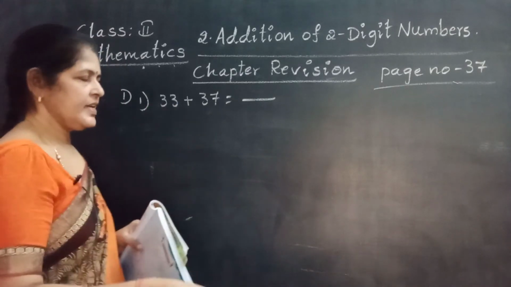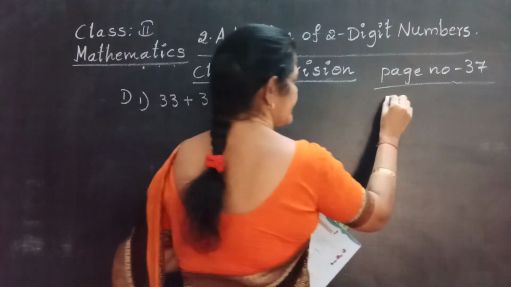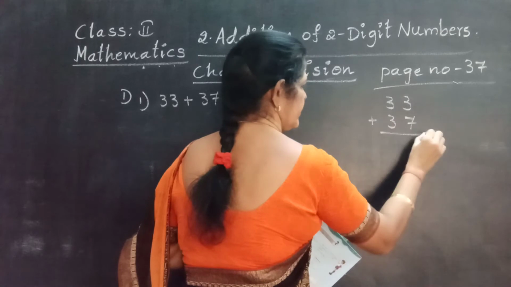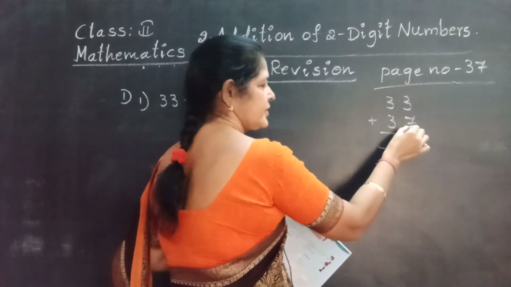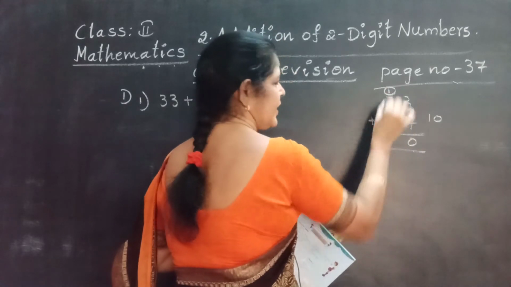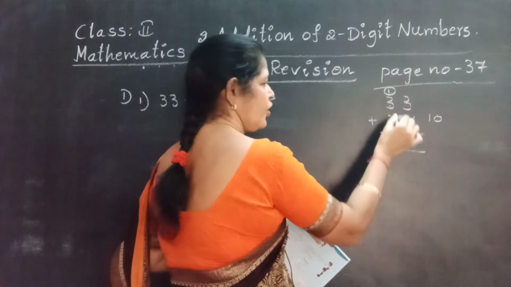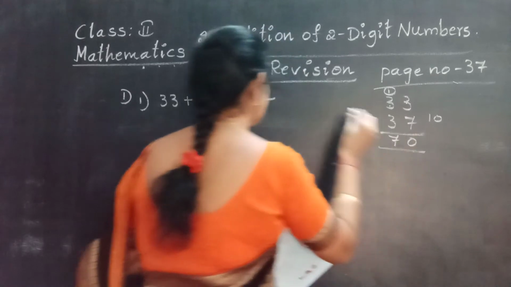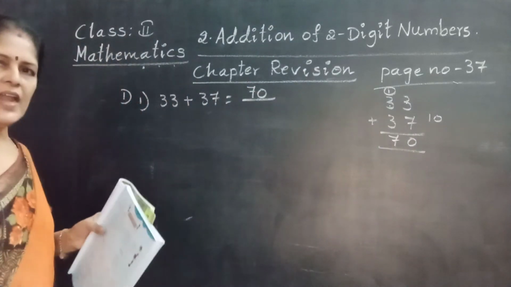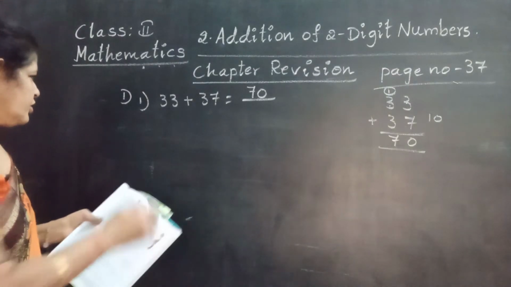Both are two-digit numbers. Do rough work this side. Adding ones, 3 plus 7, 10. 0, 1 carry over. 1 plus 3, 4. 4 plus 3, 7. What is the total? 70. Go to second one.